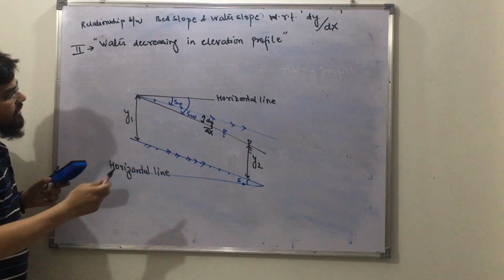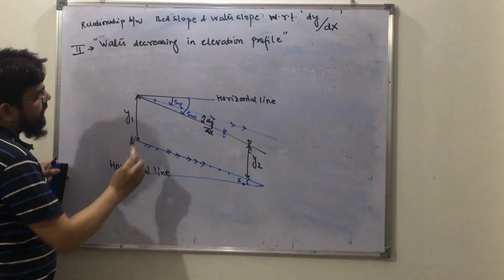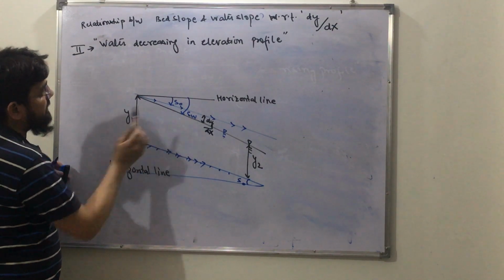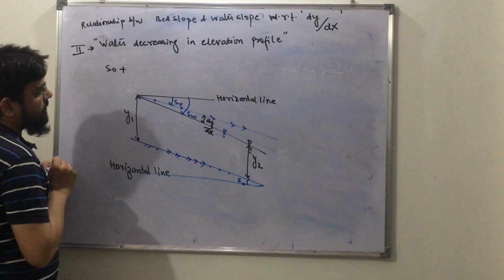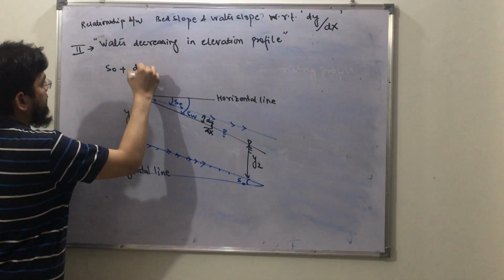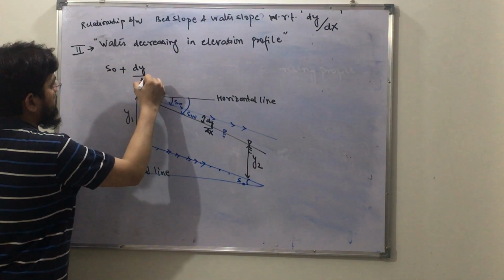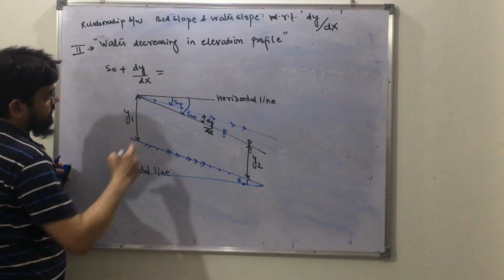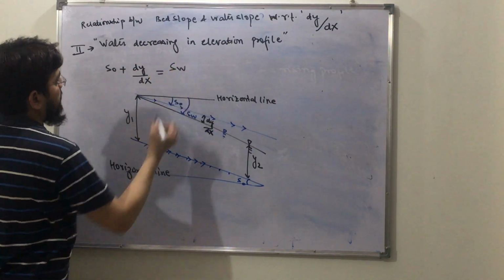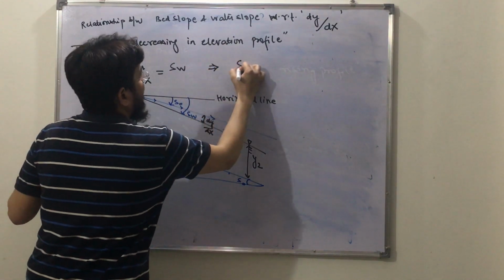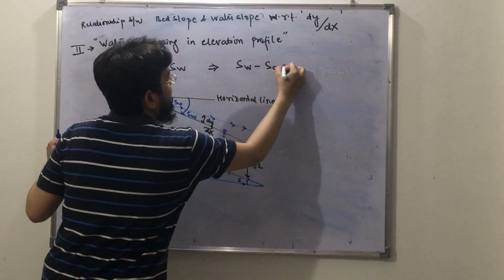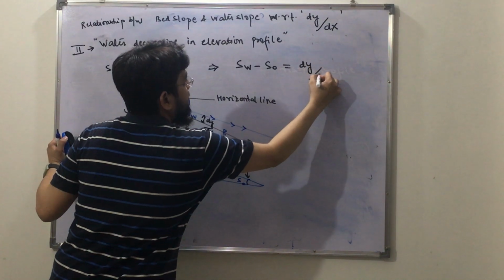Hope by this time you are clear what is S0, what is SW, and what is dy by dx. So here what relation do we get? We get that S0 plus dy by dx is equal to SW, or SW minus S0 is equal to dy by dx.